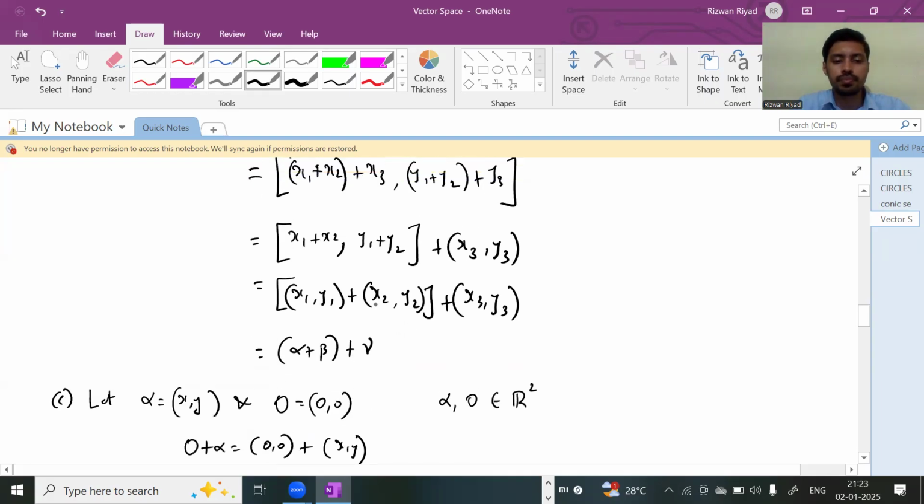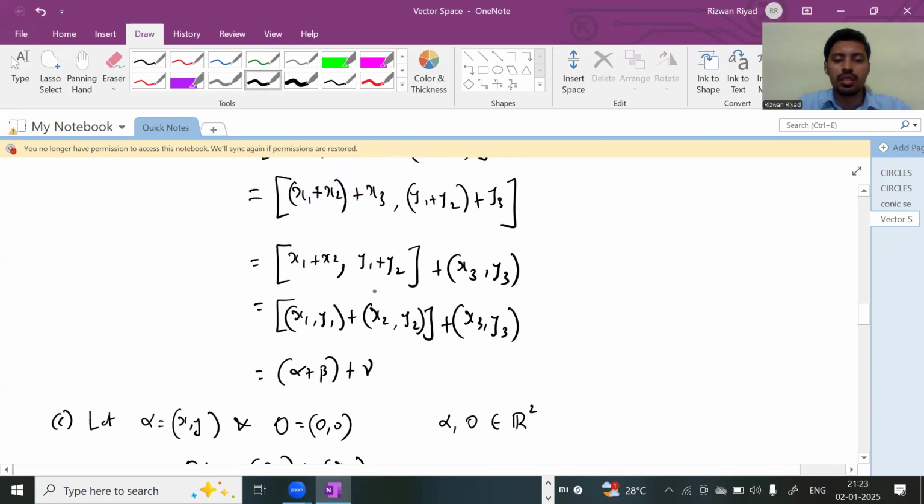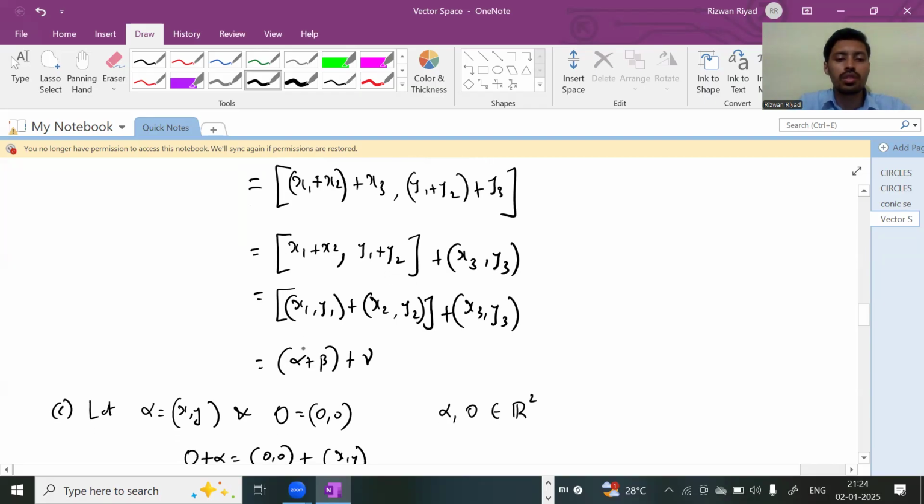That means this is (x1, y1) plus (x2, y2). The sum of x1 plus x2 is here, and y1 plus y2 is here, and (x3, y3) has no change. So (x1, y1) is alpha plus (x2, y2) is beta, plus gamma outside, (x3, y3) gamma.